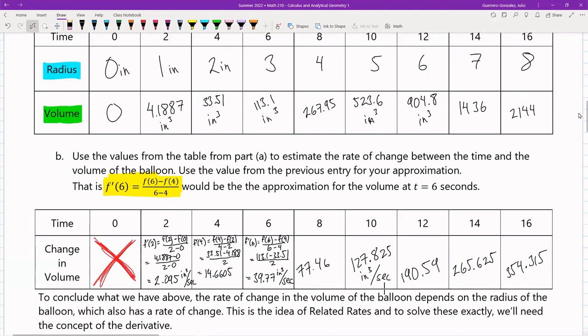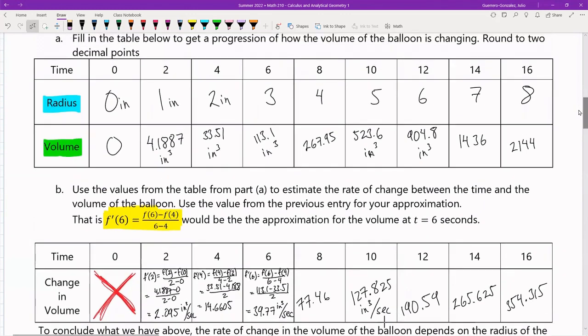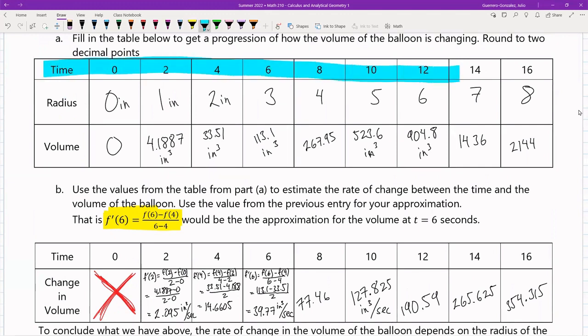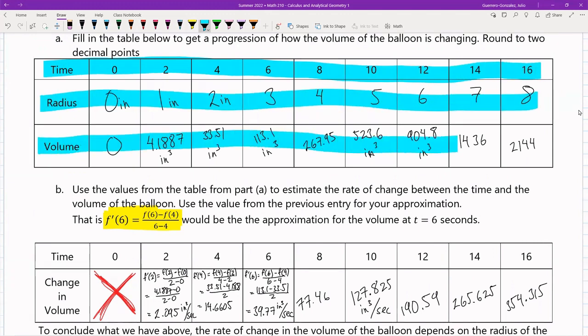So now what I want you guys to take a look at is this. Let me get rid of the highlighting here. As the time was increasing, the radius was increasing, and those radii gave us specific volumes, correct?